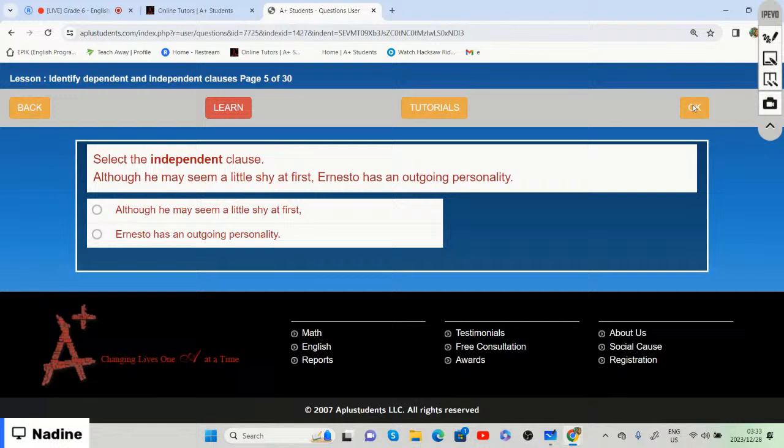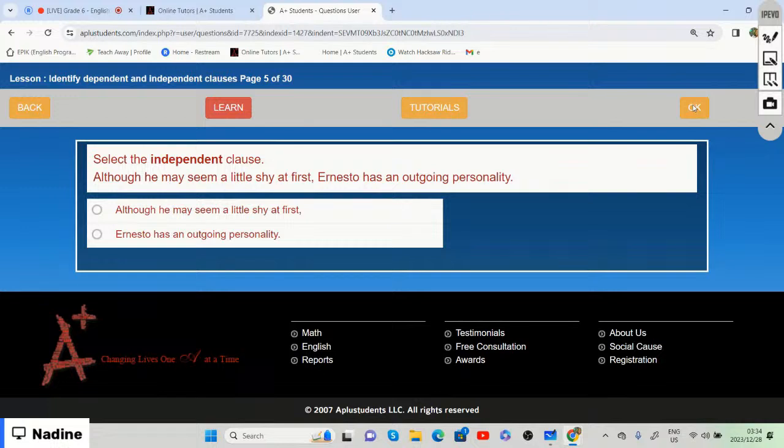All right. We need to select the independent clause, right? Although he may seem a little shy at first, Ernesto has an outgoing personality. So we need to select the independent clause that can stand on its own. It expresses a complete thought.